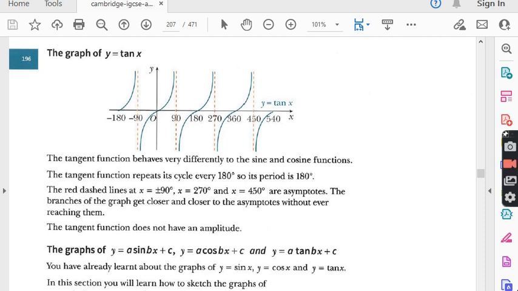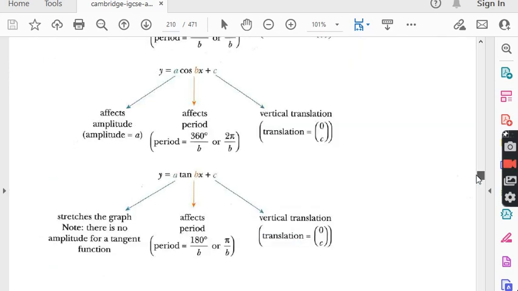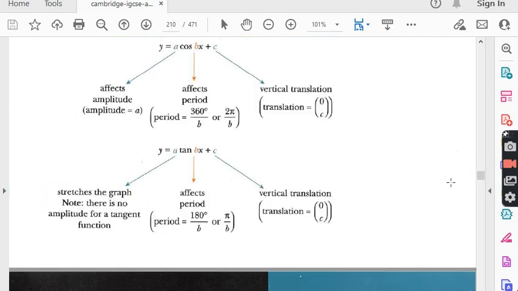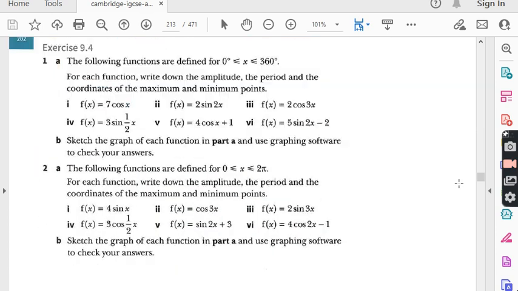In question number 1 we did all questions. See question number 1 of exercise 9.4. Actually, I want to tell the difference between question number 6 and the previous questions.